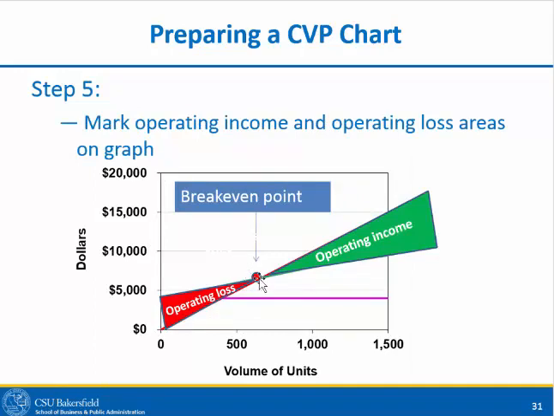The break-even point separates the enclosed area between these two straight lines into two regions. The operating loss region is to the left of the break-even point, and the operating income region, the profit region, is to the right of the break-even point. At the break-even point, you get zero, no loss or profit. To the left you get operating loss, and to the right you get operating income.